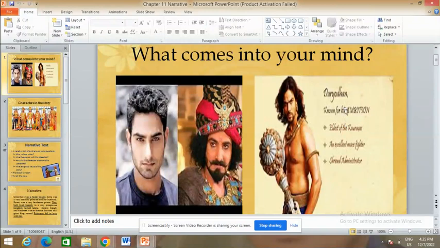These are the characters. Do you know Duryodhana? Then, do you know the story? What title? The title is The Story of Mahabharata.